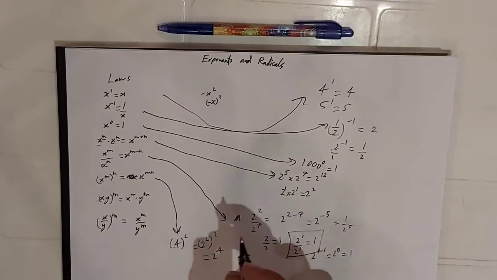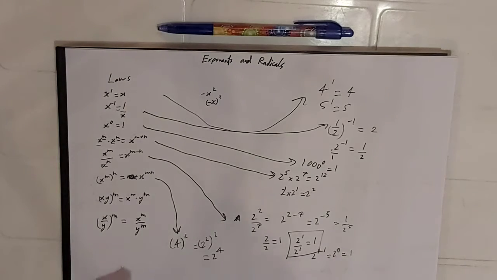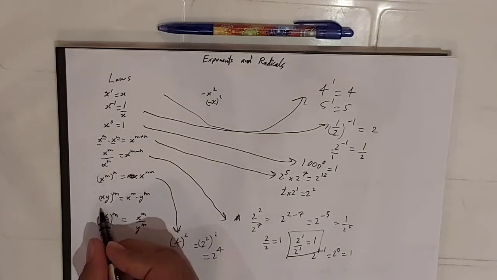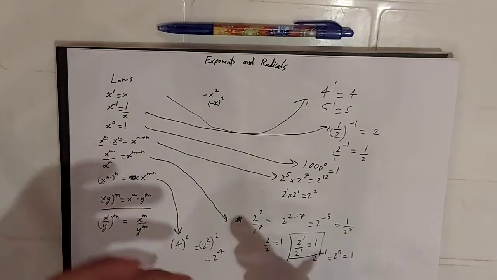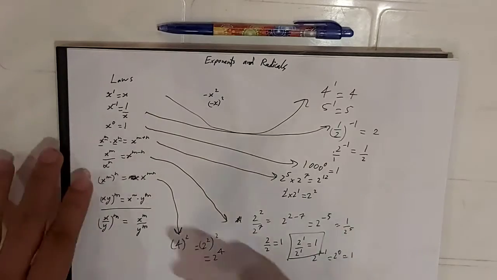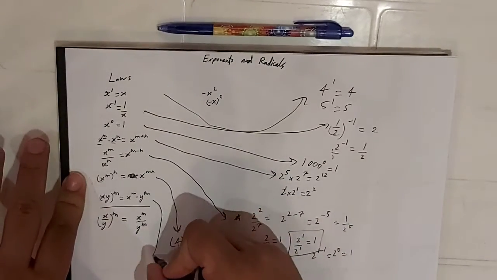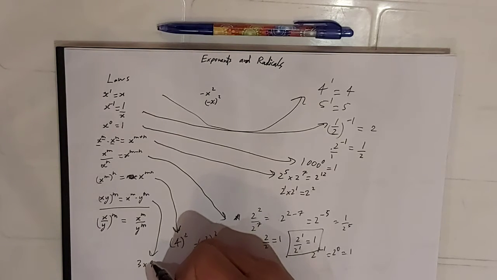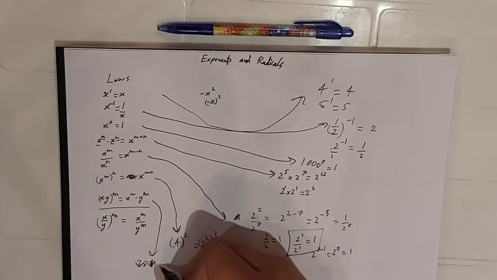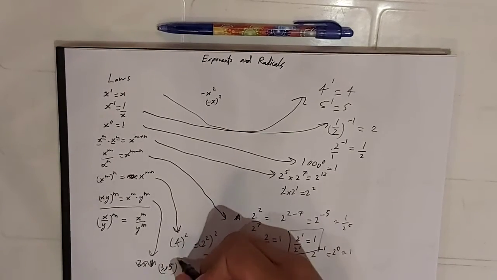When two different values are being multiplied and they have the same exponent, the exponent is given to both values. It does not make that much sense, so I'll give an example: 3 into 5, to the power 7.